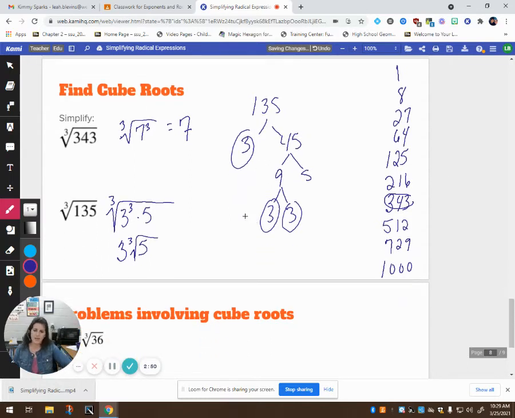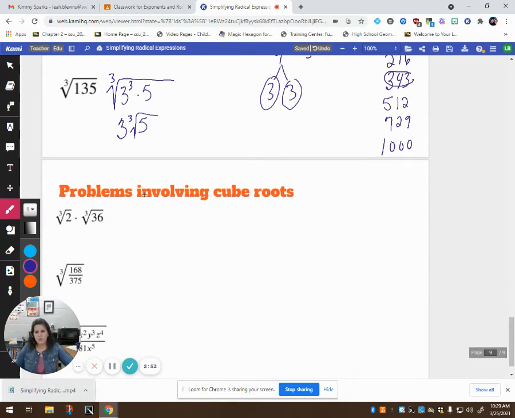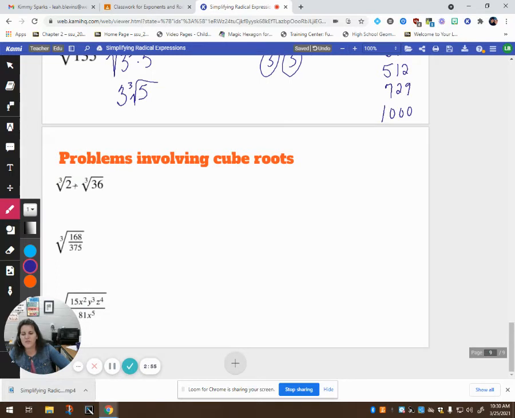All right, let's try another one. We're going to simplify more problems involving cubed roots. We could leave that 2 there and do the prime factorization of 36. Remember, prime numbers are numbers that are only divisible by themselves and 1. So 36 divided by 2 is 18. We can break 18 down into 2 and 9, and 9 breaks down into 3 times 3.